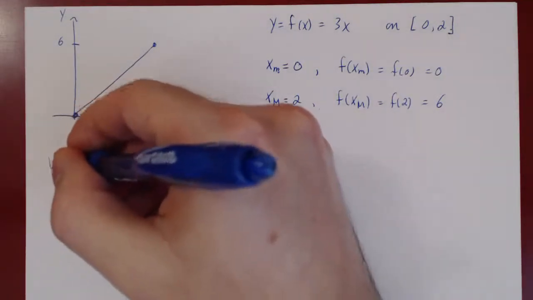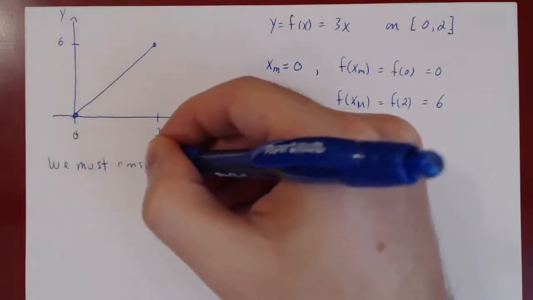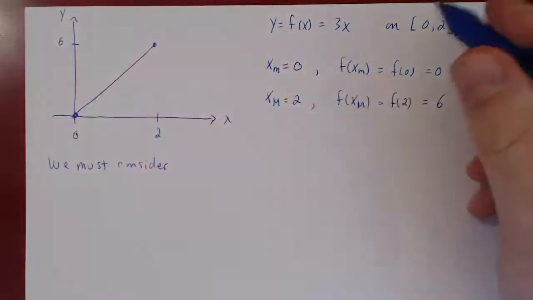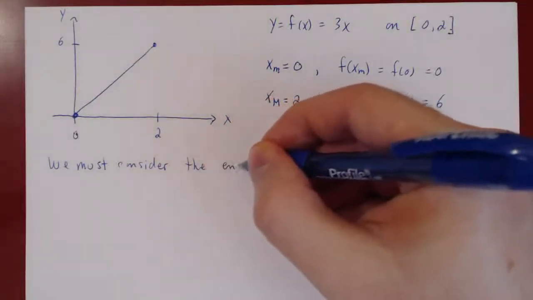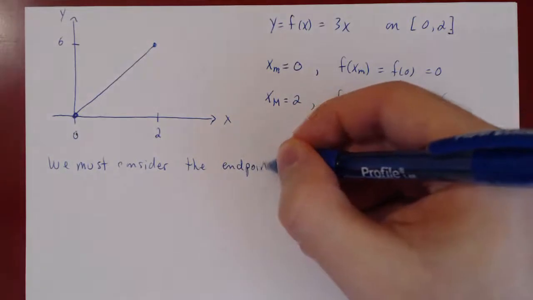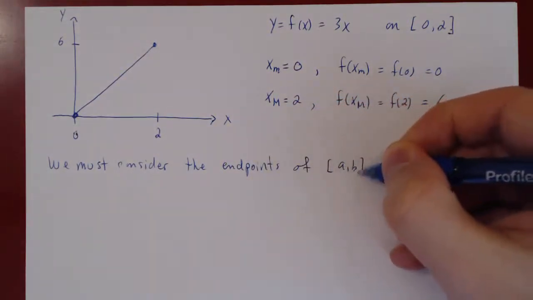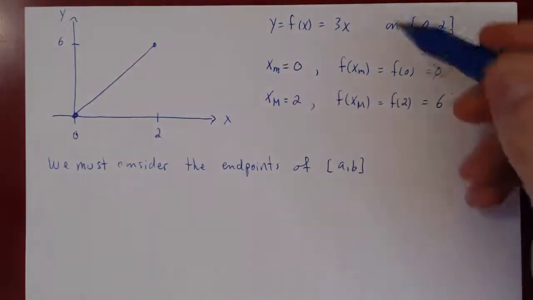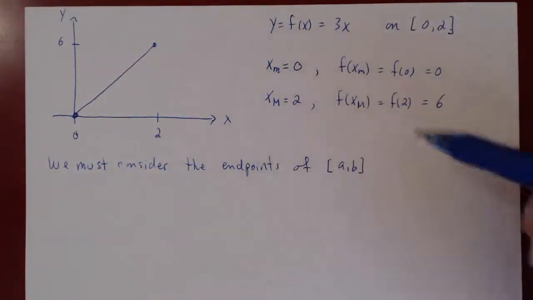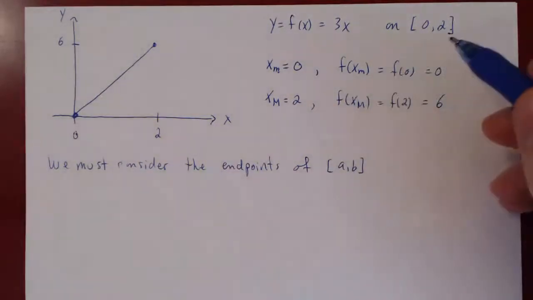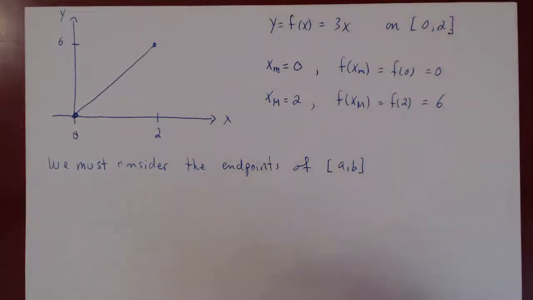So we must consider the endpoints of the interval. As this example shows, our function attained its minimum value at the left-hand point and attained its maximum value at the right-hand point.